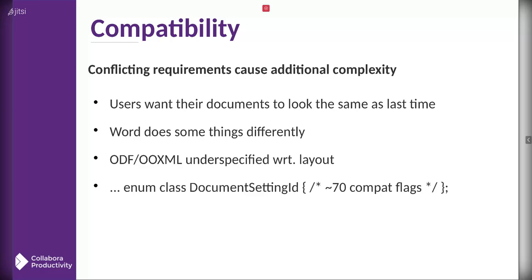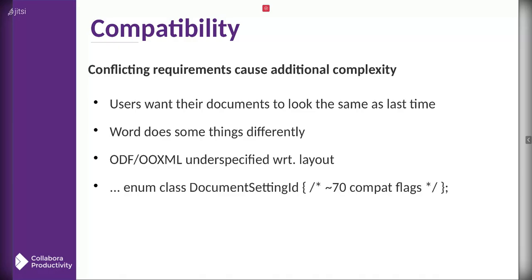Whereas Word simply adds these two spacings together. Of course, this can create big differences. But as far as ODF is concerned, we don't know what's correct, so both are correct.